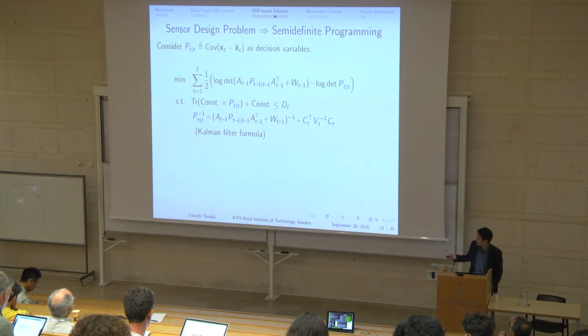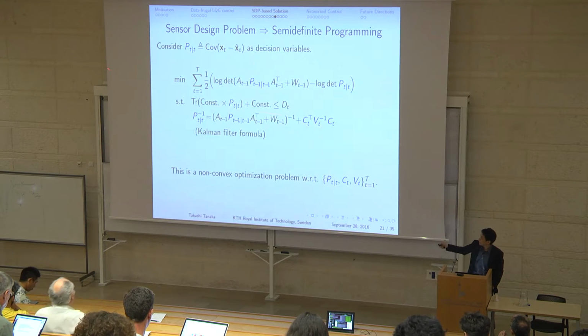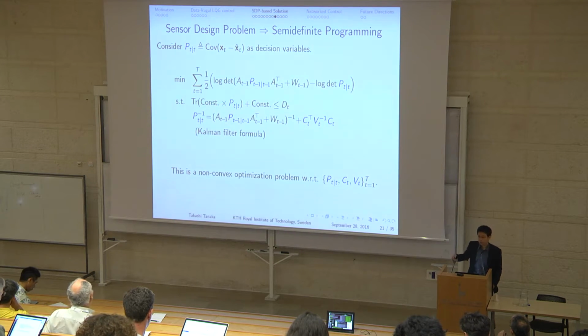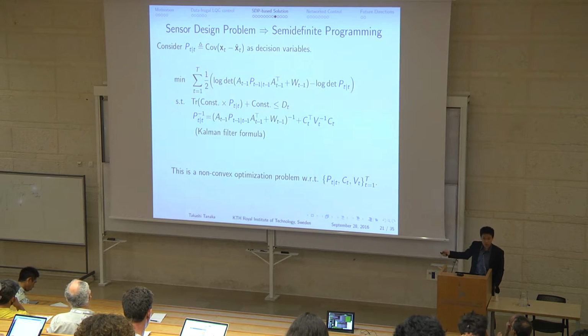So it's not actually difficult to see that this data frugal LQG control problem can be written as a non-convex optimization problem with respect to these decision variables.